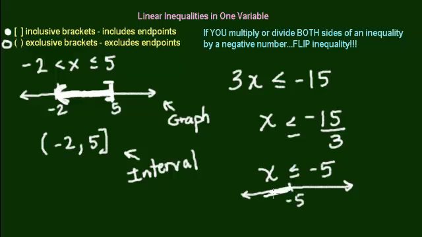I'll shade in the fact that x can be any of these values less than negative 5. And am I going to need a square bracket or a curvy bracket? Looks like I'll need a squared off bracket to show that it includes the endpoint. That's my graphical notation. Writing it in interval notation, just read it off the graph. This arrow represents negative infinity on up to negative 5 with a squared off bracket indicating that negative 5 is included.